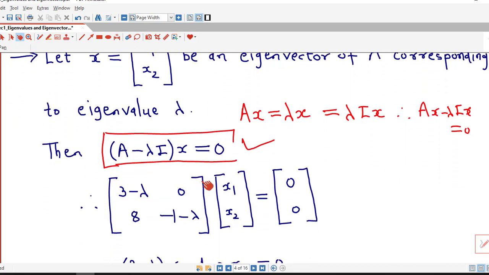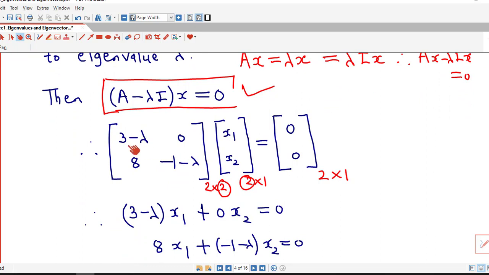Here we have written (A minus lambda I), x is (x1, x2), and this is the 0 vector. The 0 vector must contain two elements, because this matrix is of order 2 by 2 and x is of order 2 by 1, so the resulting matrix must be of order 2 by 1.